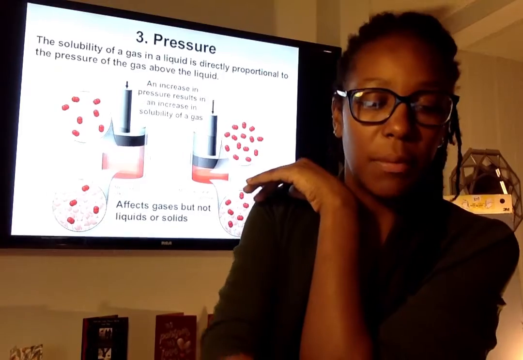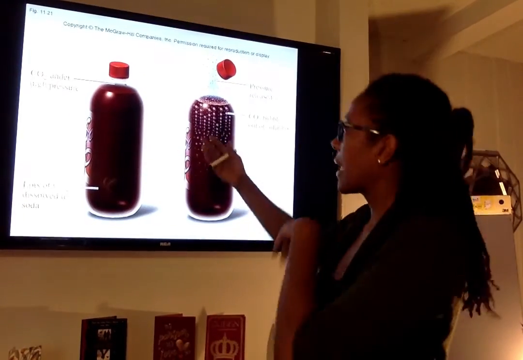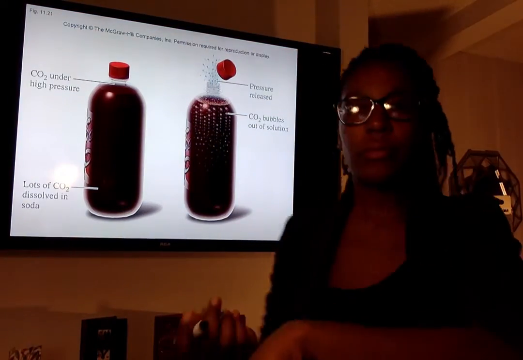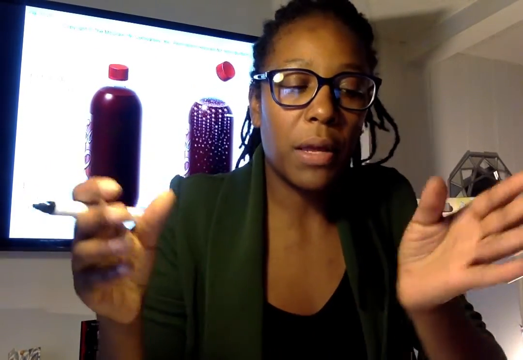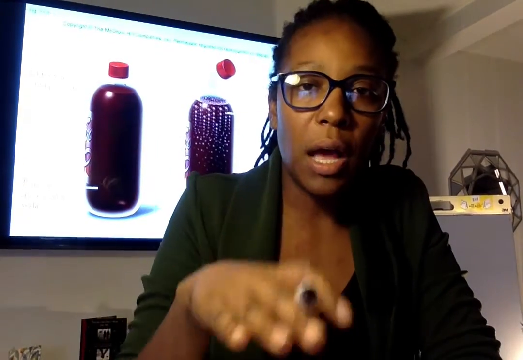An example of that would be soda. That's the whole point of soda. When you open a soda can, what happens? You hear it, psh, right? That's the carbon dioxide leaving. So what did they do in order to do that? They created this liquid, and they put pressure on the top of this liquid.